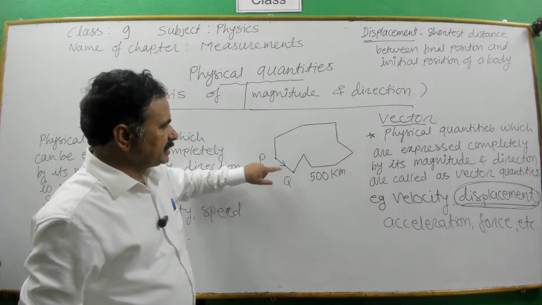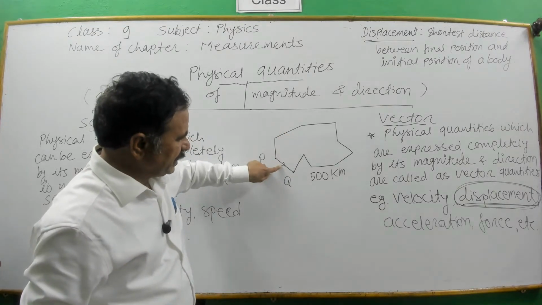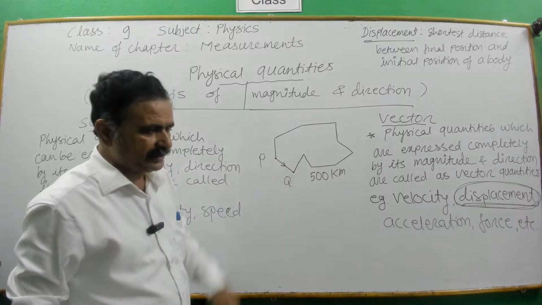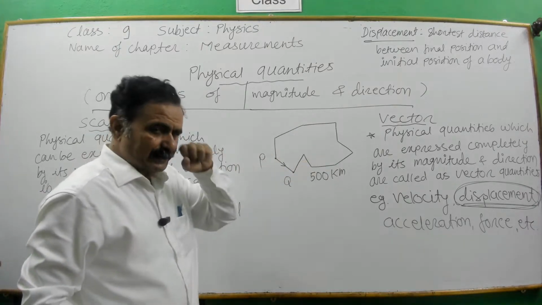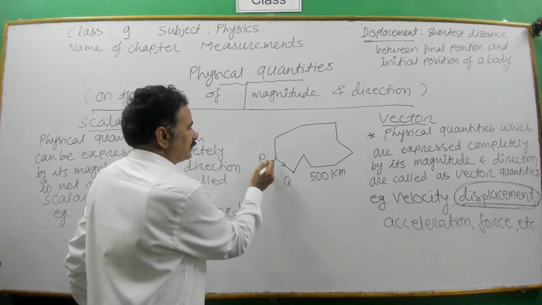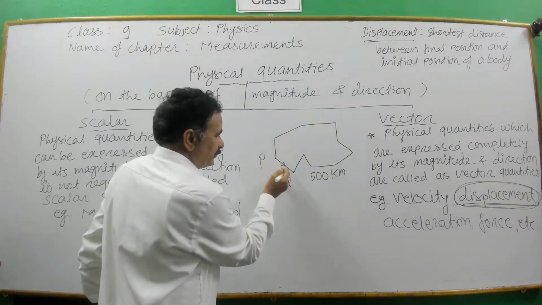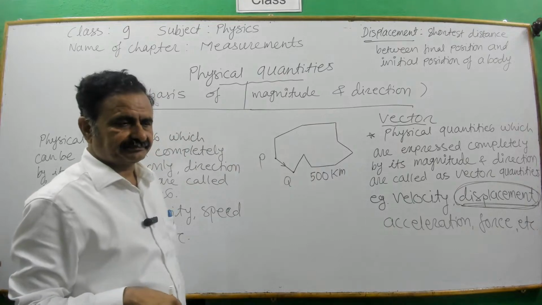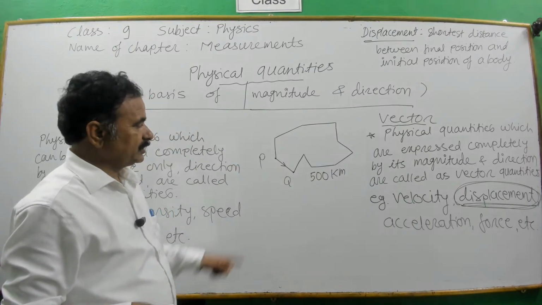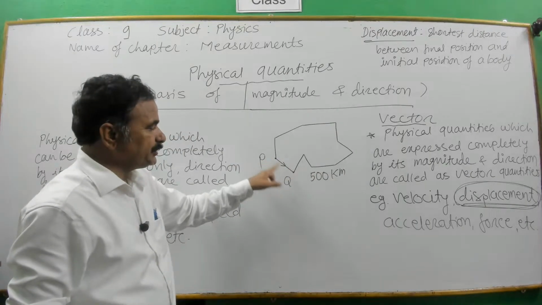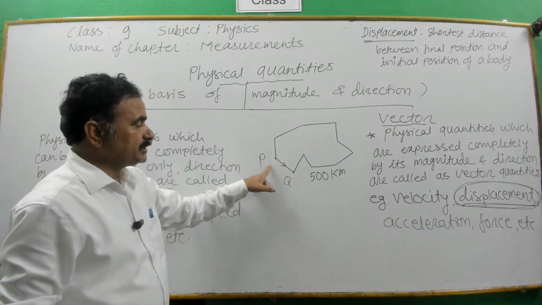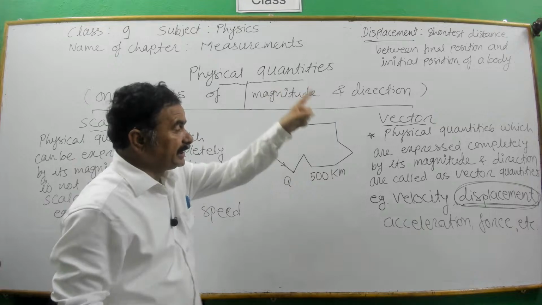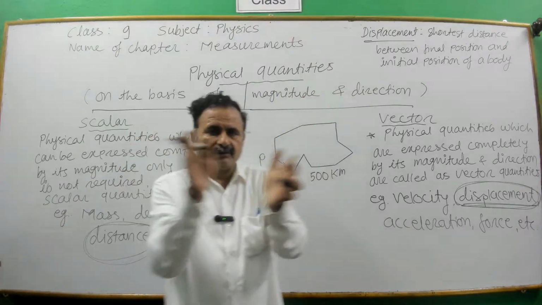What do we mean by distance? Actual path traveled. अब यहाँ पर actual path traveled P to Q, this one. So that is why ये distance भी है. Why is it displacement? Actual path traveled in a particular direction. Shortest distance between P and Q. Shortest distance between P and Q means I have to travel this distance in a particular direction, straight. थोड़ा भी मैं इधर उधर नहीं हिल सकता हूं.